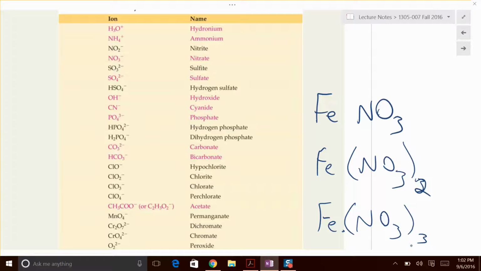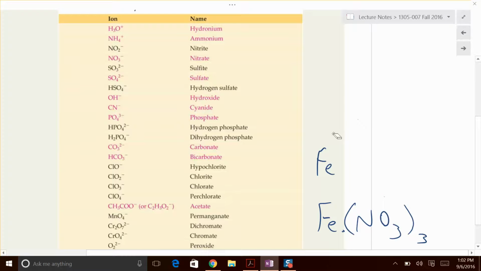Iron 2 nitrate. This one? Iron 1 nitrate. So you have to tell me which iron because otherwise I don't know which one you're talking about. That's the other thing that you need to make sure you're doing with these ionic compounds. Okay, what's next?